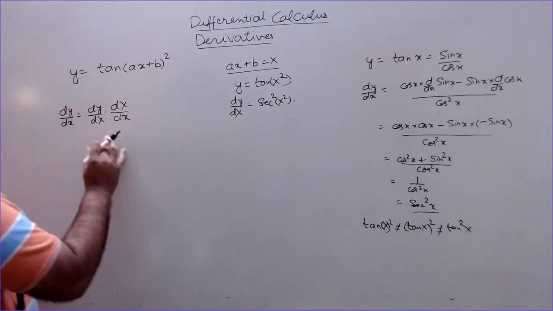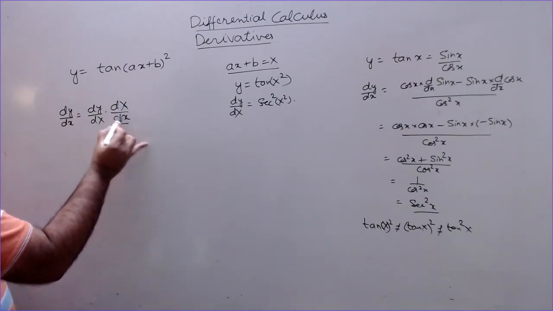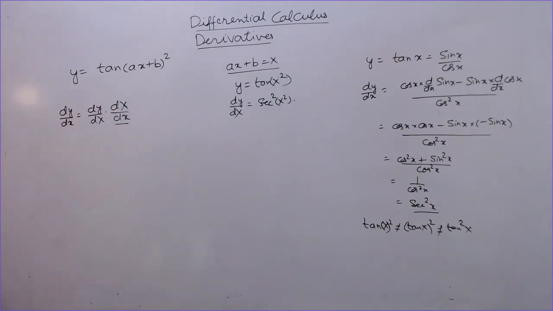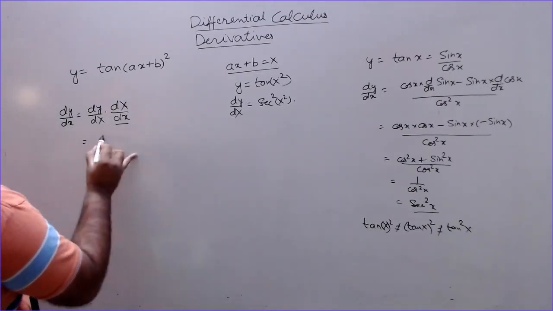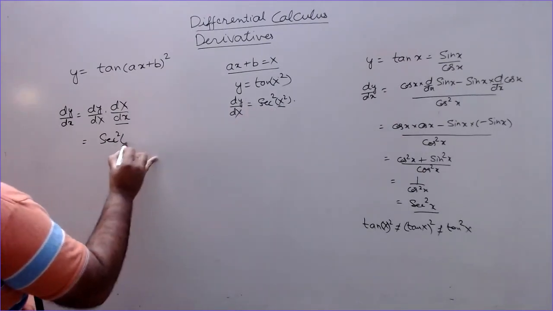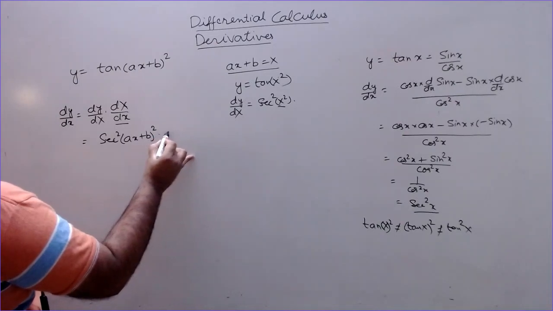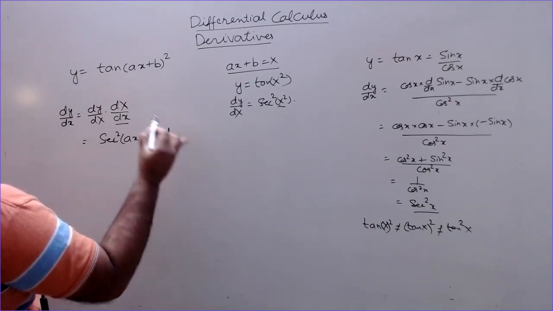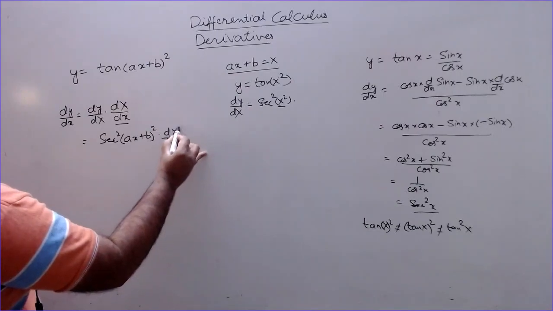Now we have to find the derivative of this function with respect to small x and multiply them. So first put the value here: sec square, putting the value of X square, (ax plus b) whole square, multiplied by d by dx of X square.